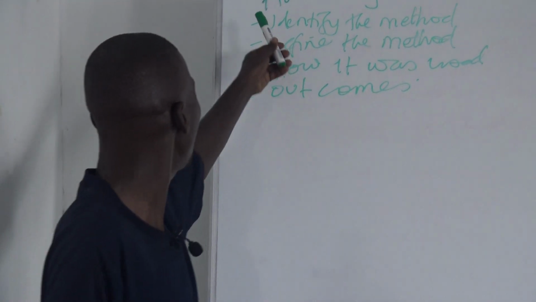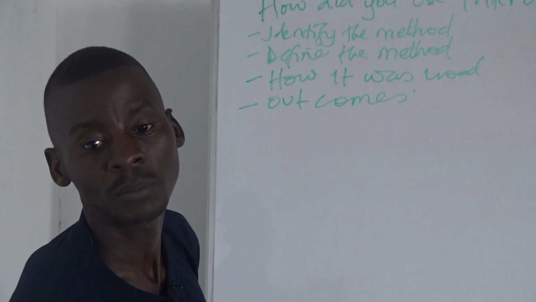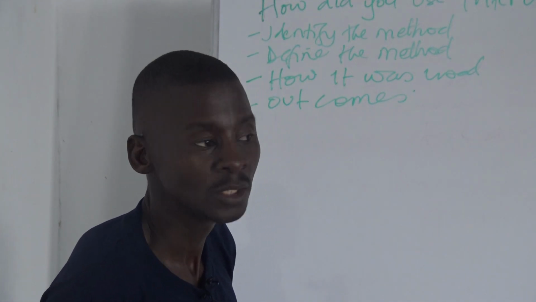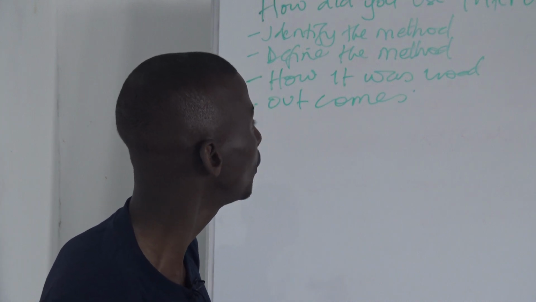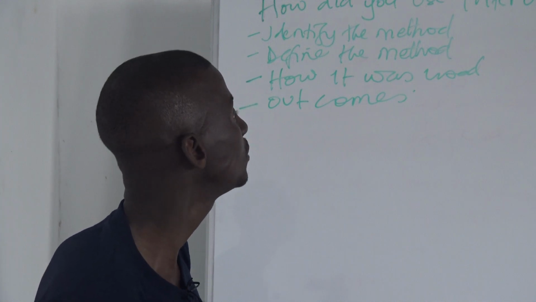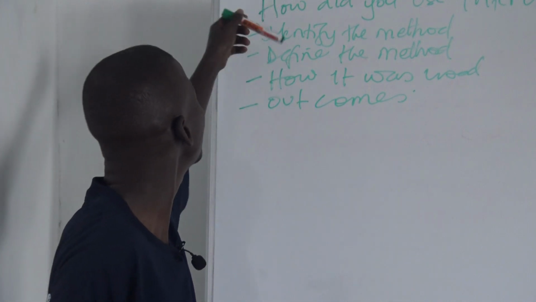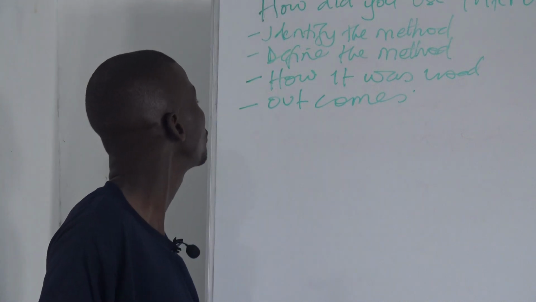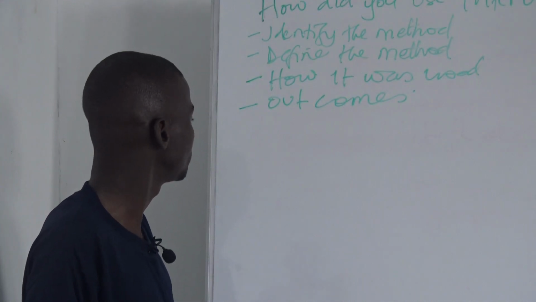So if you can remember, we said that interview method is a method of data collection that involves an interaction or a dialogue between the researcher and the respondent, in which the researcher asks questions and gets immediate feedback. So after you have identified the method and defined it, you go to the how part. How was it used?